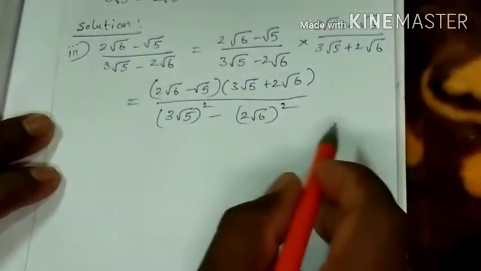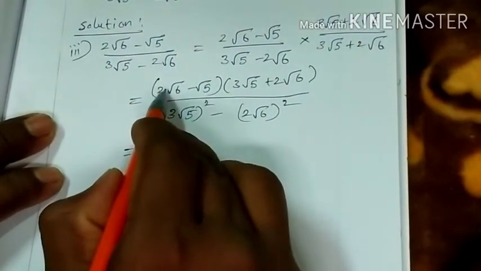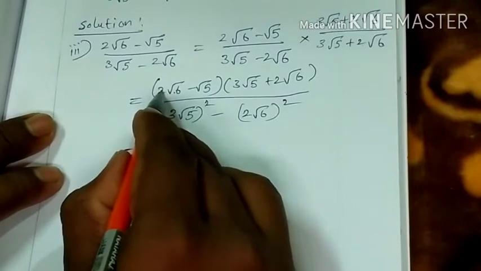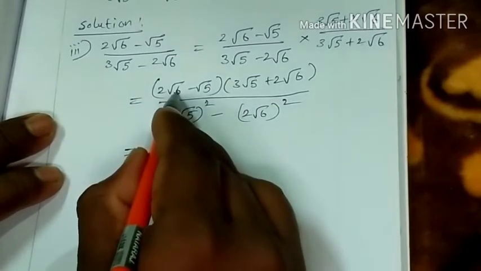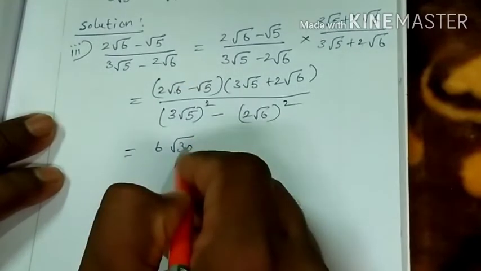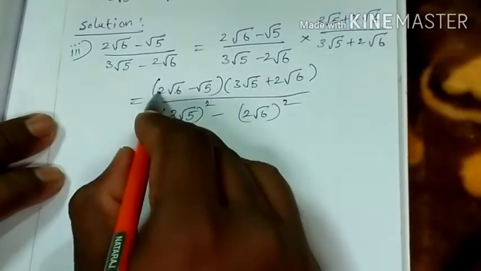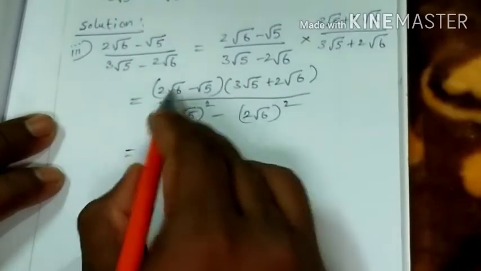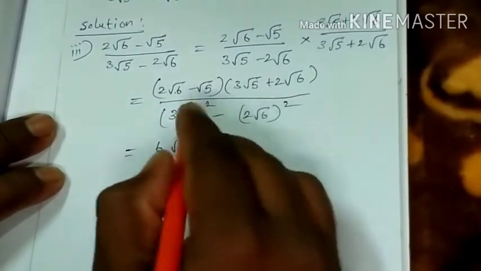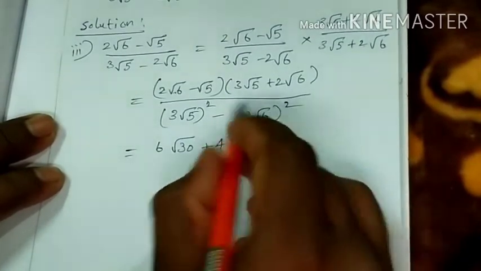Have you understood? Which is equal to, multiplying the numbers first and then the surds. 2 threes are 6 and √6 into √5 is √30. 6 into √30. Then the first number with the second surd: 2 twos are 4, plus into plus is plus, and √6 into √6 is √36.